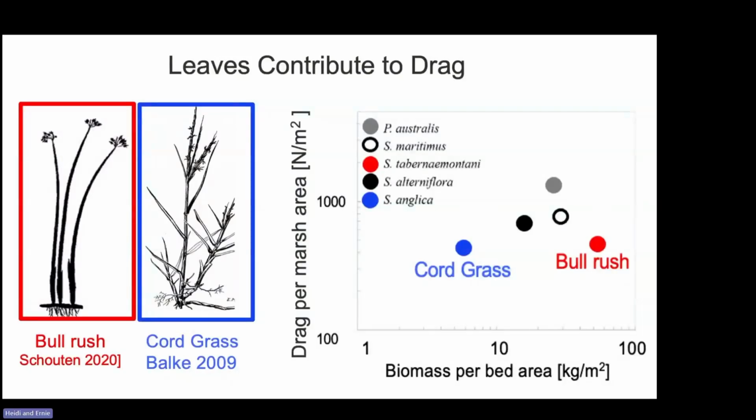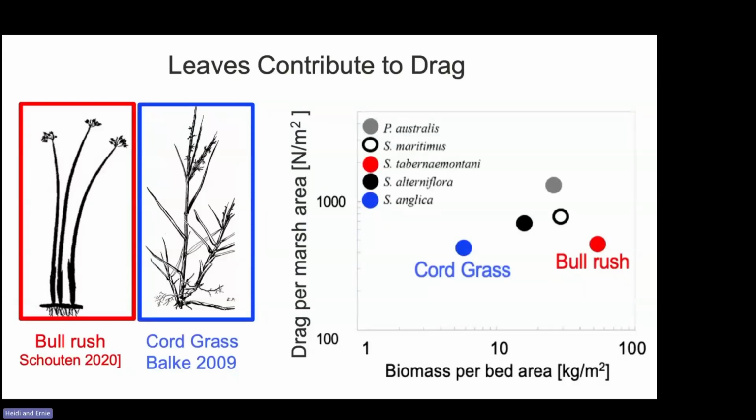We're going to contrast the bulrush, shown in red, which has no leaves, and the cordgrass, shown in blue, which has many leaves. The cordgrass has 1/8 the biomass. So the cordgrass, shown with the blue dot, has 1/8 of the biomass compared to the bulrush, shown with the red dot, but it produces a comparable drag.